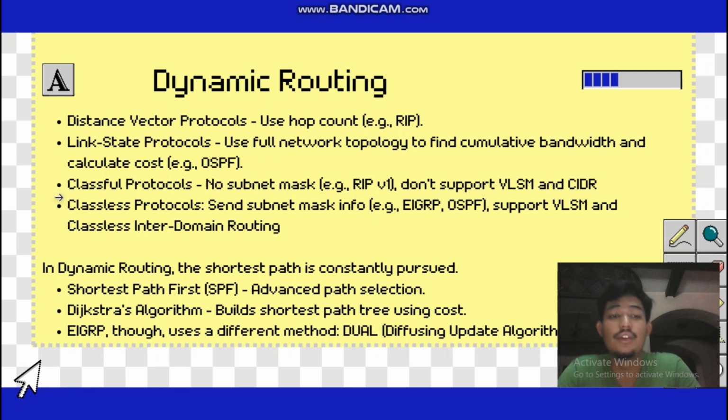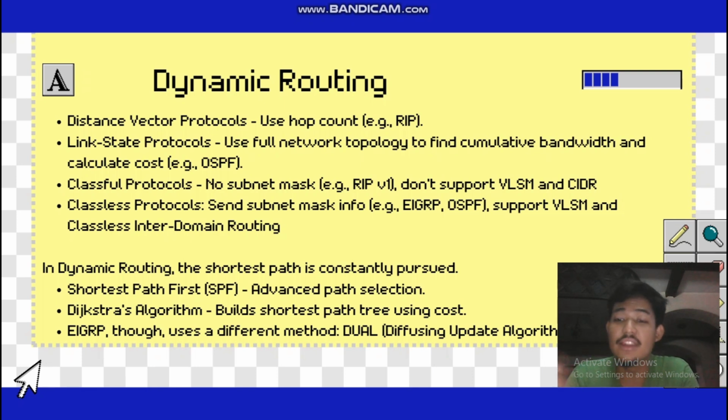Next we have link state protocols, which use the full network topology, find cumulative bandwidth, and calculate costs. Unlike distance vector protocols, link state protocols analyze all the connections present within the topology instead of only the intermediate devices or routers located in the topology.